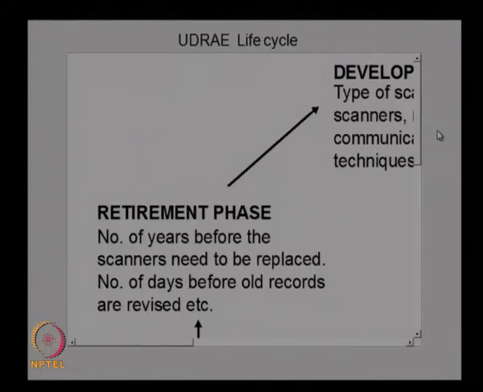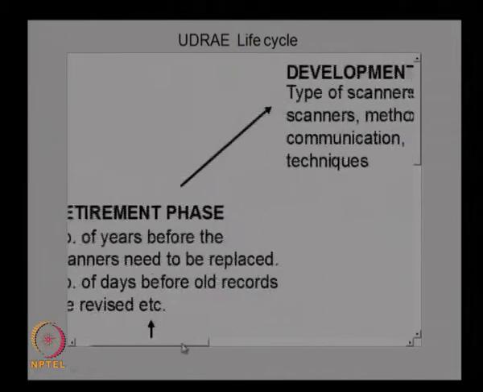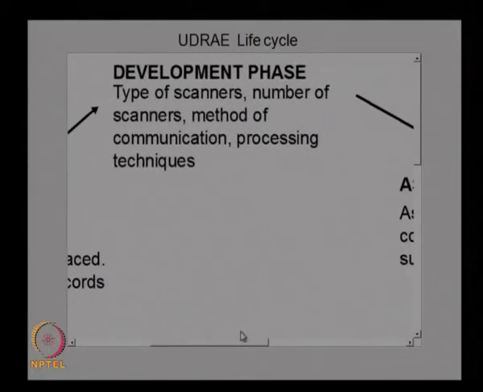Now we look at the UDARES life cycle. If you want to develop the system, what will be the life cycle of the system? The development phase is the main phase we are looking at. We need to identify the type of devices, the scanners, basically the type of hardware devices needed for data entry as well as for storing, and the locations where we need to provide these scanners.